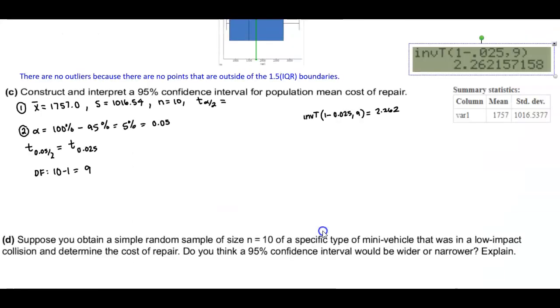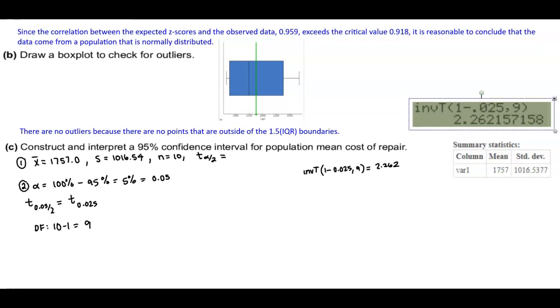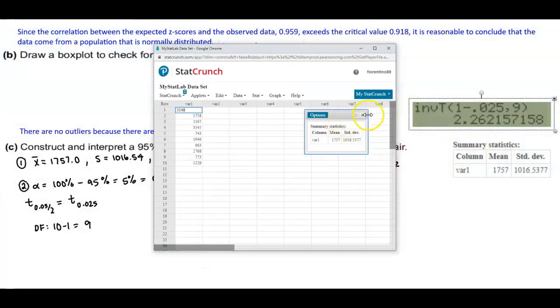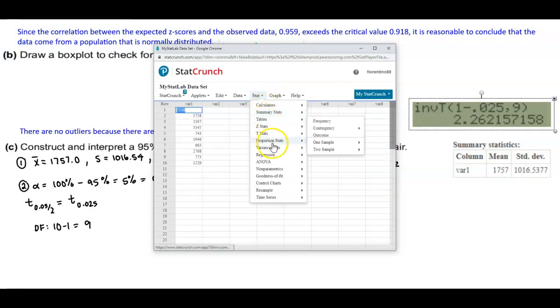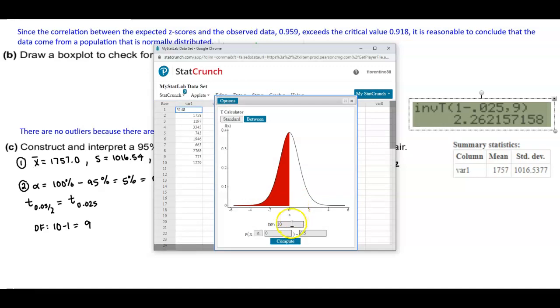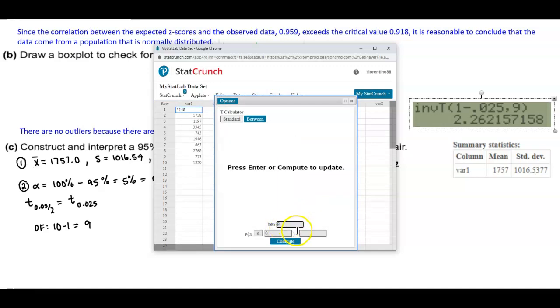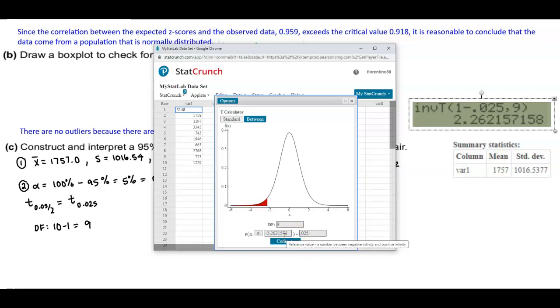Or if we wanted to use StatCrunch, then we would use the T calculator. So we would go to Stat, go to Calculators, and then scroll down to T. We know our degrees of freedom is 9, and we know that our area to the right is 0.025. If we compute, because we have less than or equal to, it's given us the negative value.